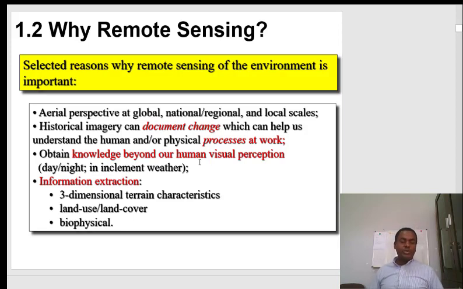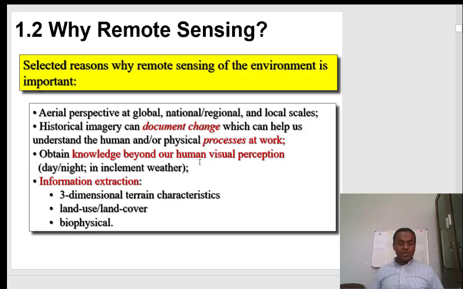And the fourth reason why remote sensing is important is because it helps you extract information. Three-dimensional terrain characteristics can be extracted in a minute as a result of remote sensing.